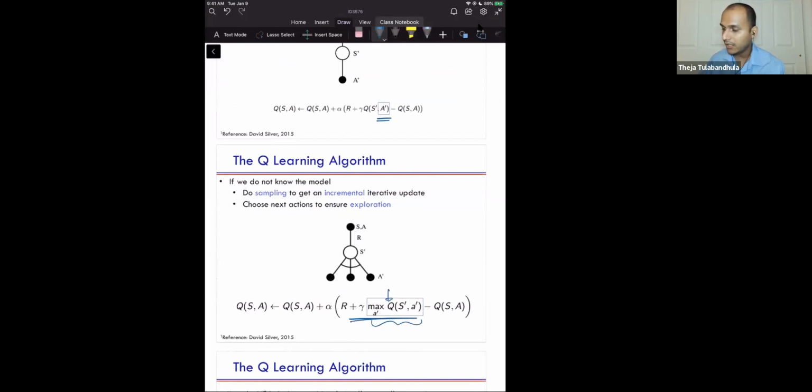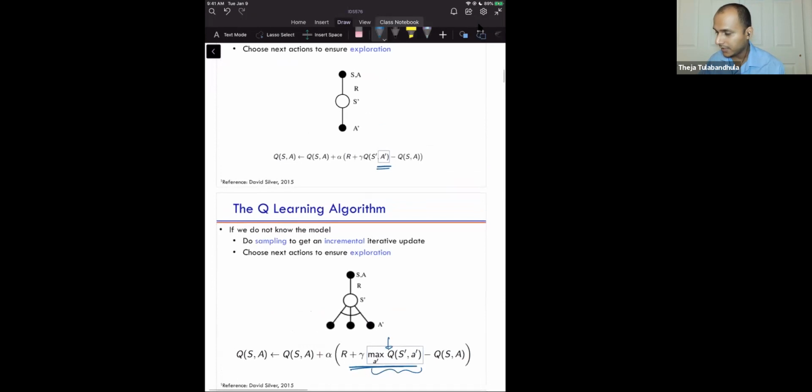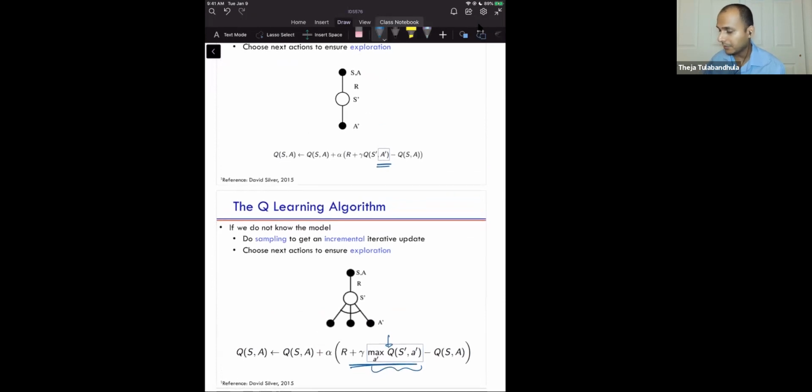But there's an intuition, because you could choose a different a prime. There's some choice here because you could have chosen the a prime based on my Q old values. Sorry, you could choose the a prime again based on epsilon greedy. You could have chosen that, but this is not something that we do, and so these two slides are just saying that.